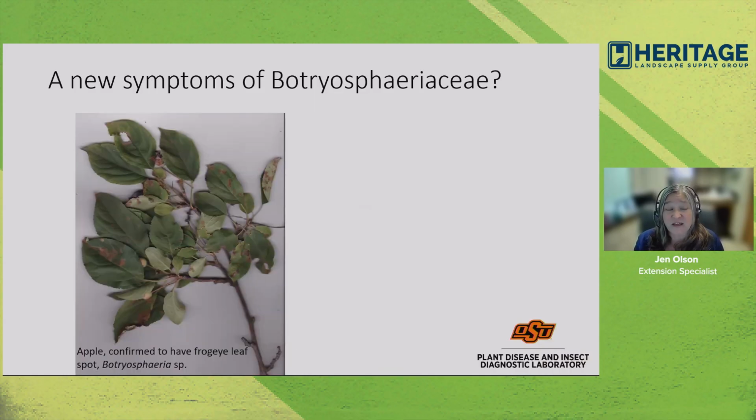One thing that's kind of notable is I am starting to see a lot more leaf symptoms associated with fungi in the Botryosphaeriaceae. We've seen this in apple for a while. So you see these apple leaves have one species that causes what we call a frog eye leaf spot of Botryosphaeria.